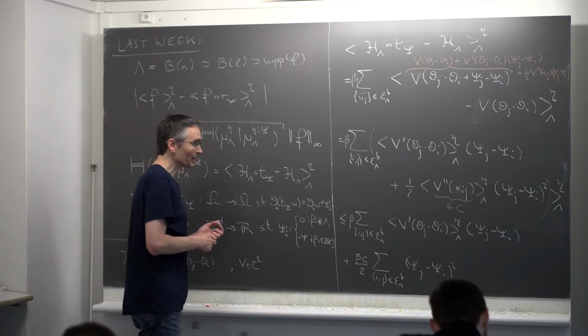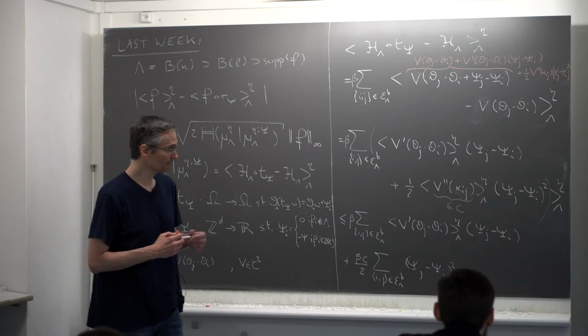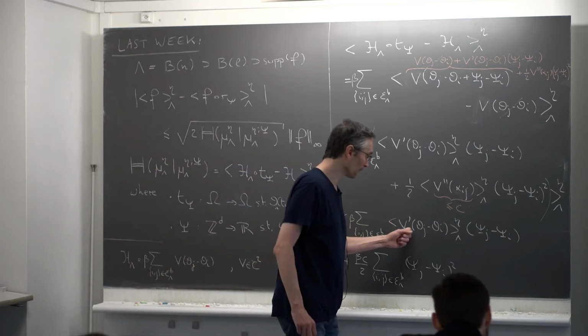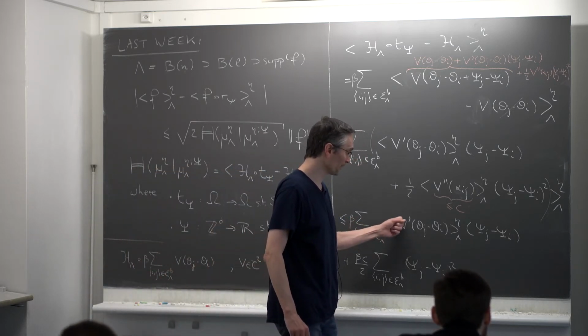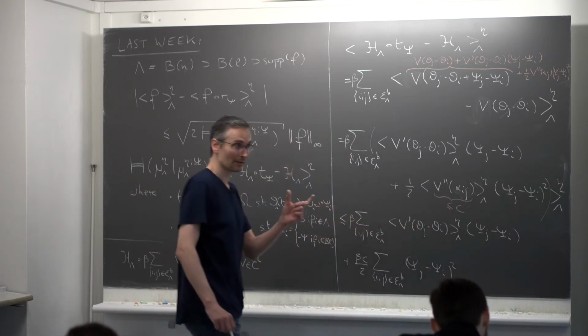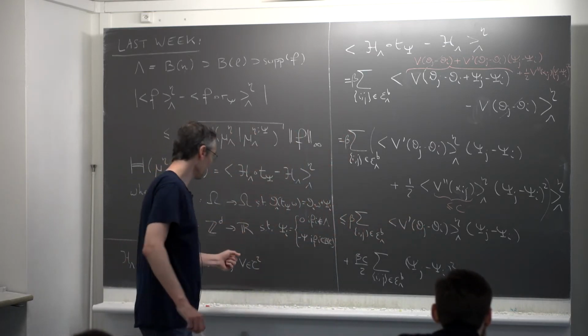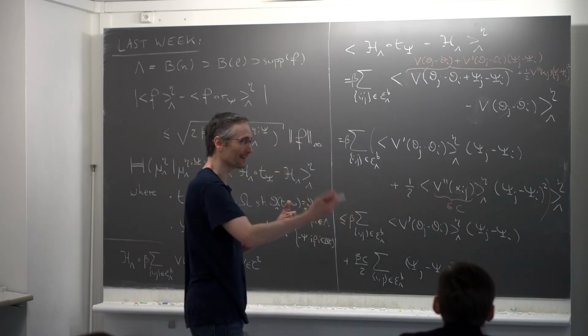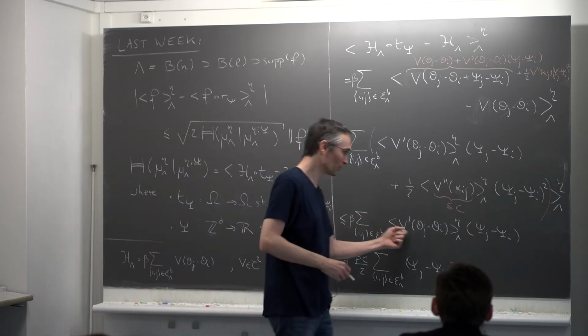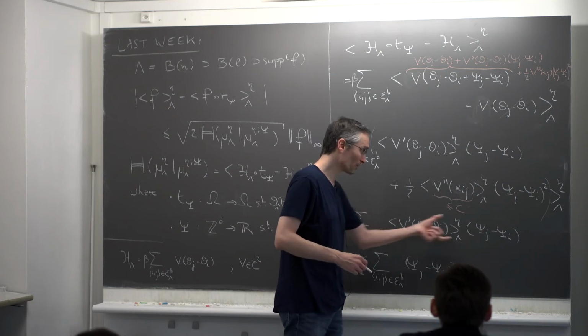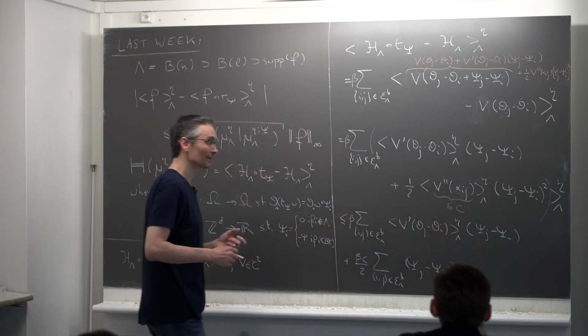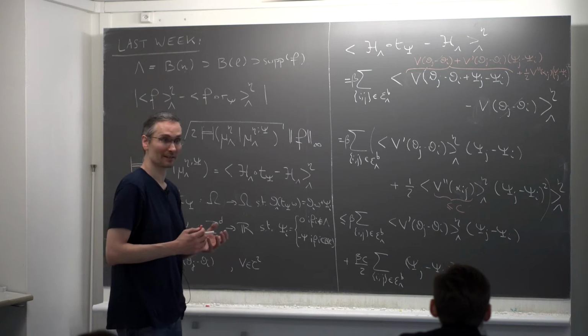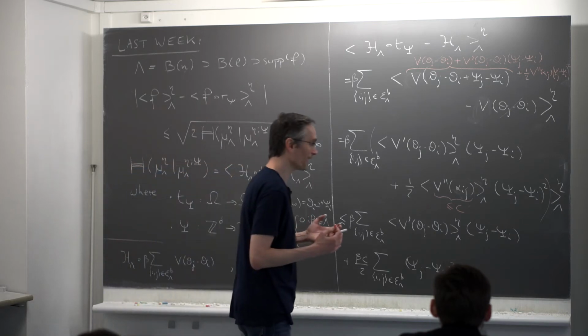Now if you remember what happened in the heuristic argument, the first order term was vanishing because it was evaluated at 0, and by the fact that v was w of cosine and that the derivative of cosine is sine, that sine at 0 is 0, it was just 0. So we had no first order term. But if the first order term is here, it's very bad for us.